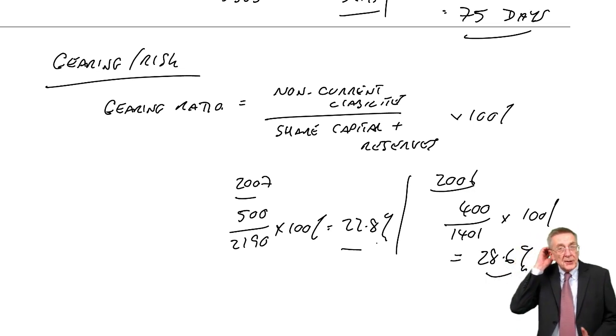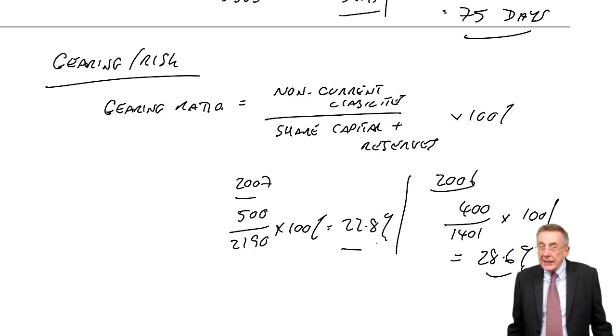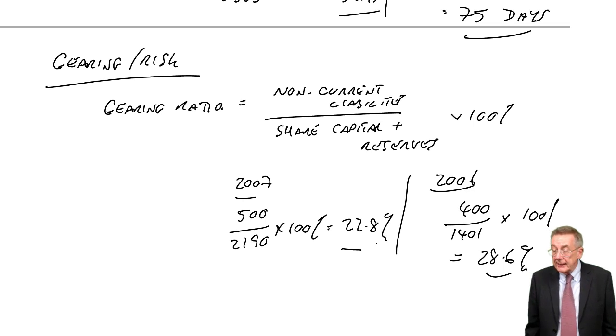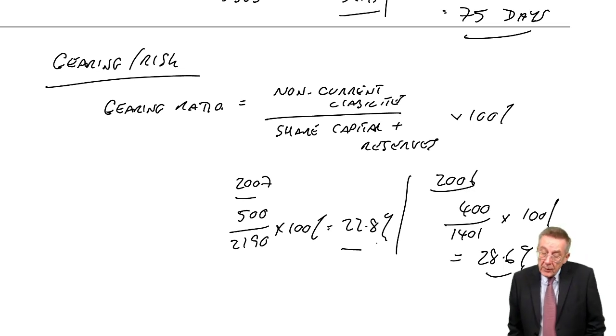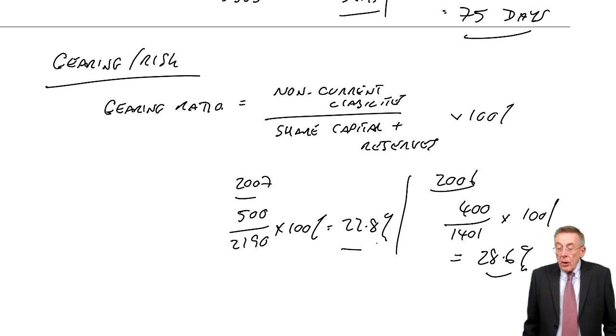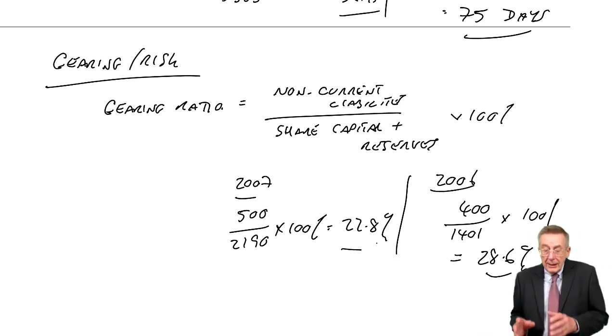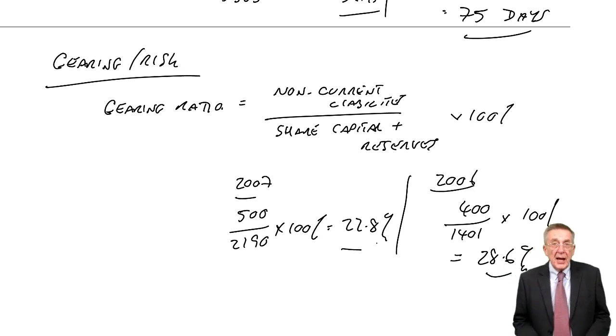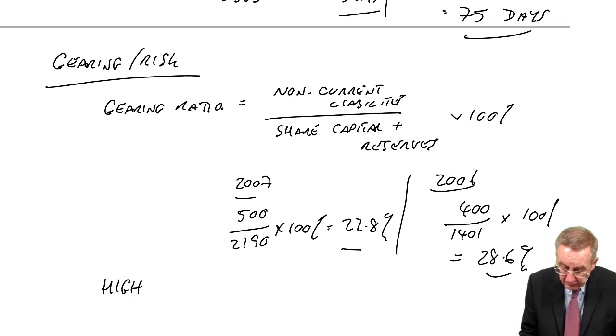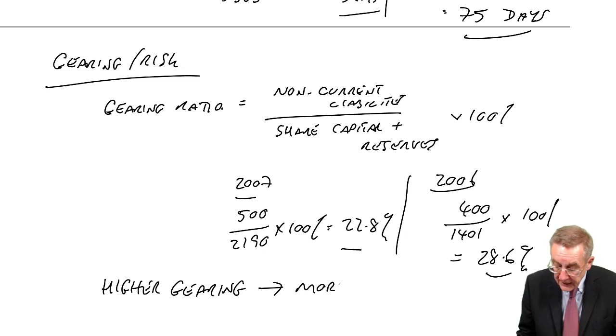Now, there's not much you can say here, to be honest. Later exams, particularly paper F9, you could be asked to write essays about this. But the reason we are interested is that the more long-term borrowing there is, the more risk there is to shareholders. Higher gearing, more risky for shareholders.